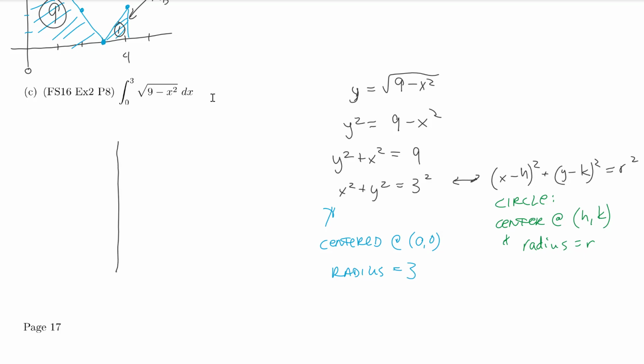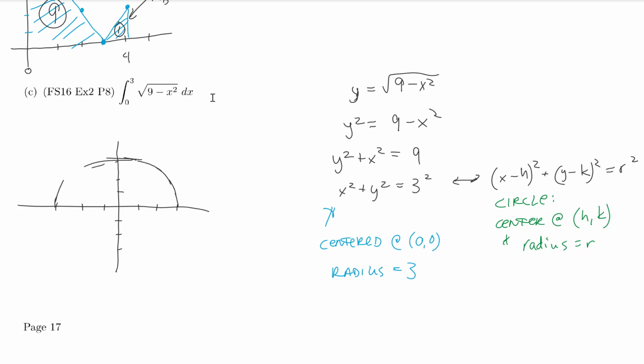So we have a circle that looks something like this: 1, 2, 3, 1, 2, 3, 1, 2, 3, and it actually is only the top half of this circle.